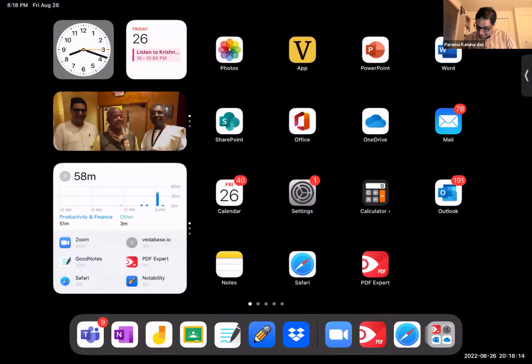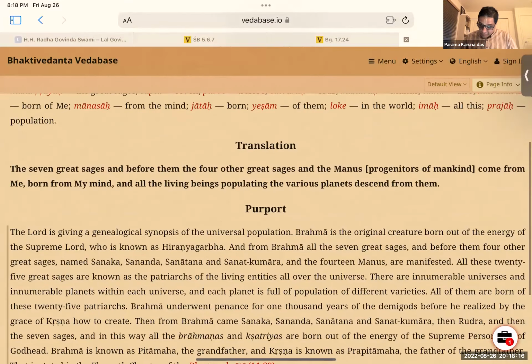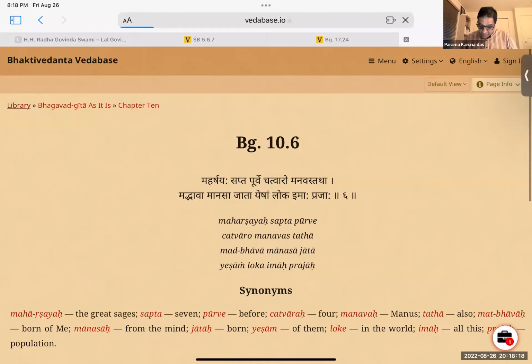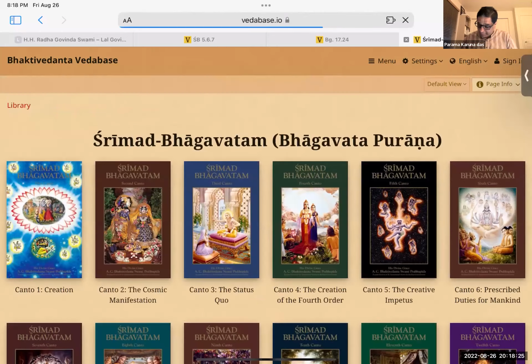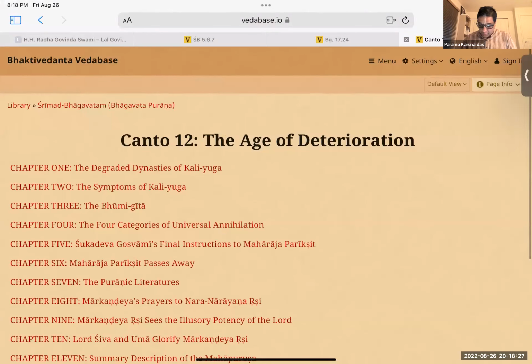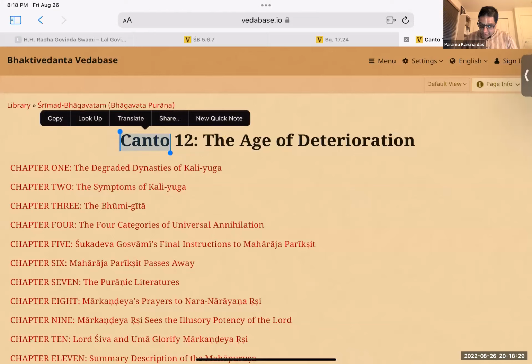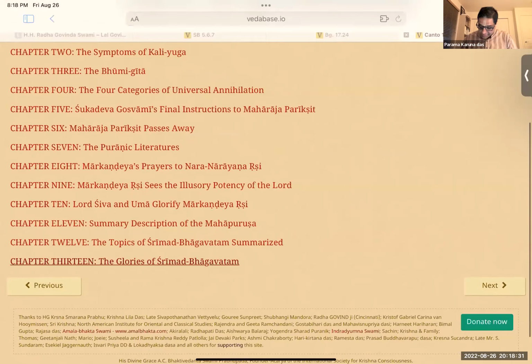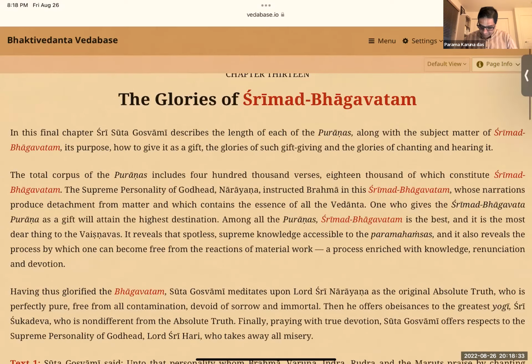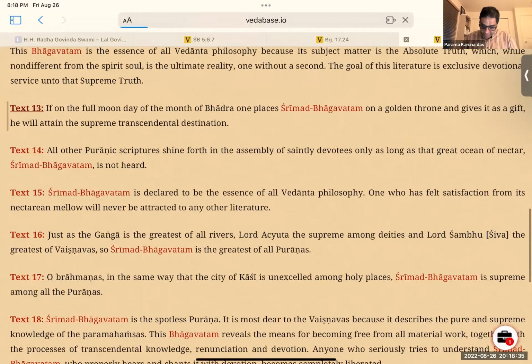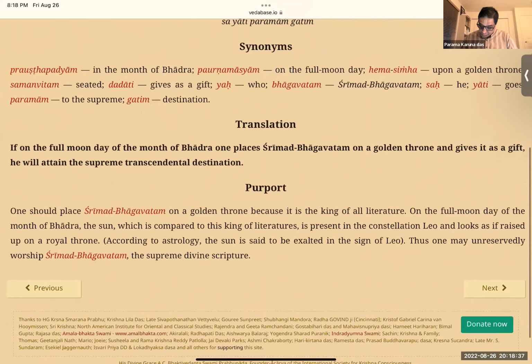We will see here in the Srimad Bhagavatam, it is written in the last chapter of the last canto. I'm going to the 12th canto. You can see here 12th canto, 13th chapter, 13th verse. In the interest of time, I will just read the English translation.